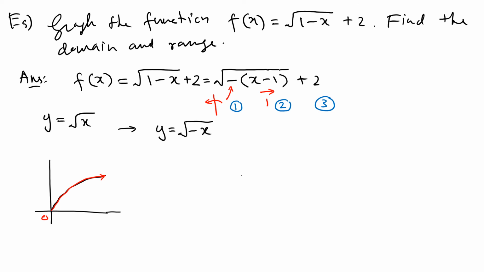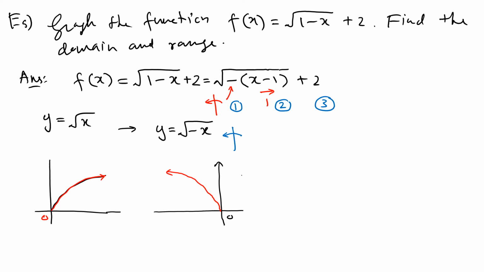We do the reflection. Once we reflect, it's going to jump across the y-axis, reflected about the y-axis. So your new graph is going to look like this. Since it jumped to this side, I change the axis this way. It's going to go like that.